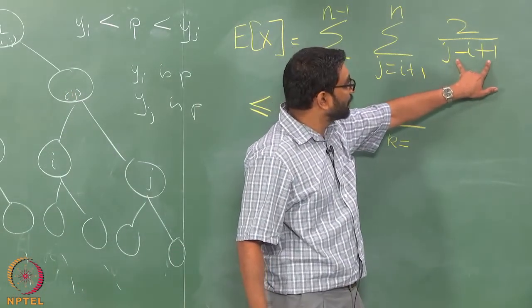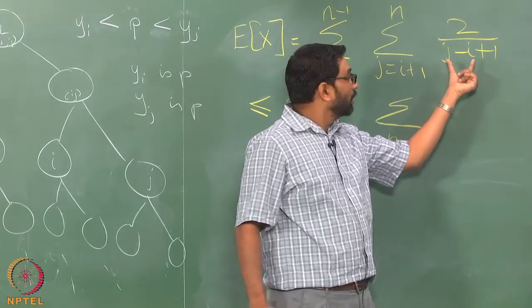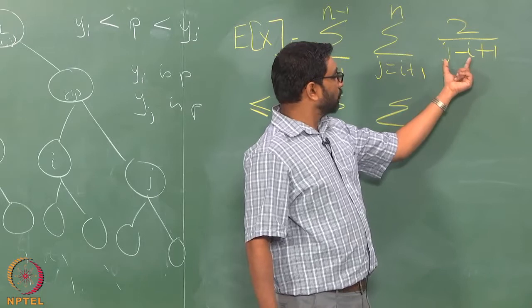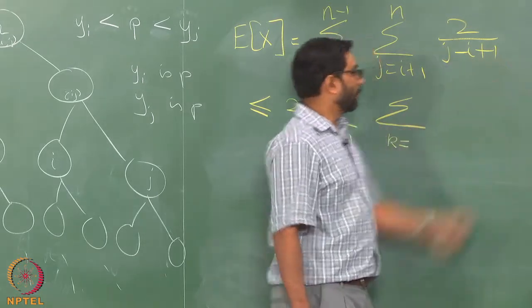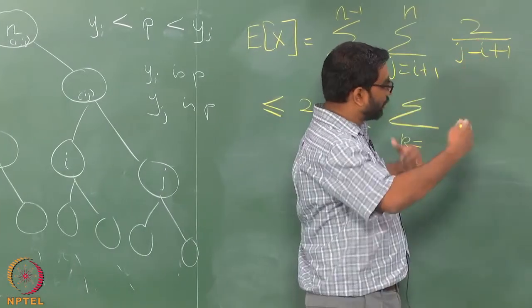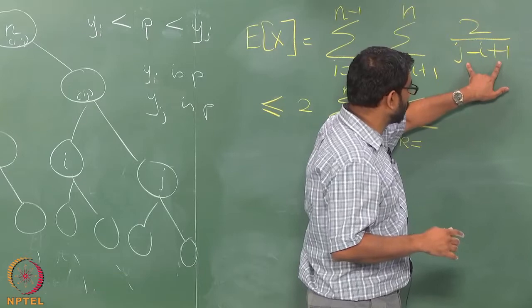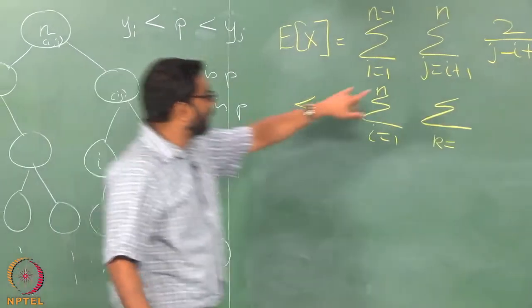The smallest value it can take is 2, because j is definitely larger than i by at least 1. So the denominator will be 2, then 3, 4, and so on.